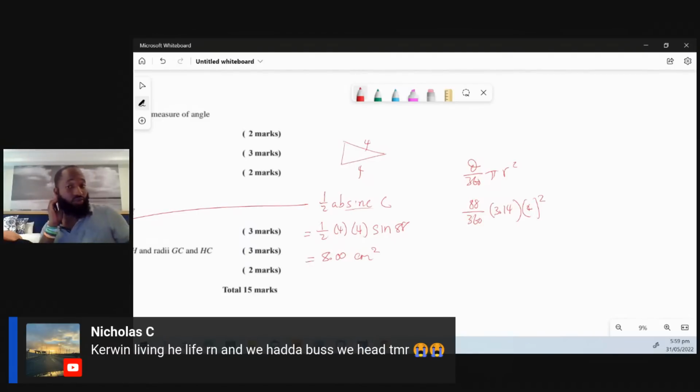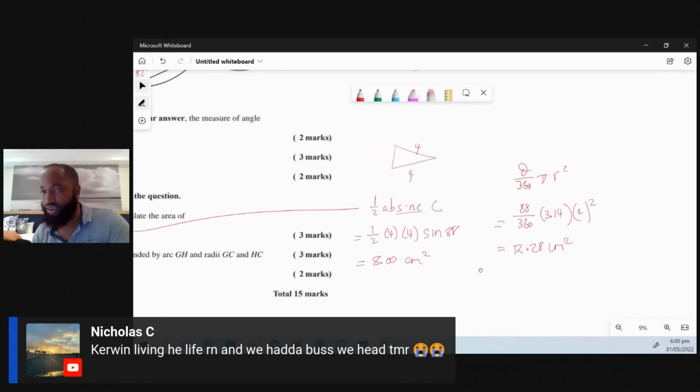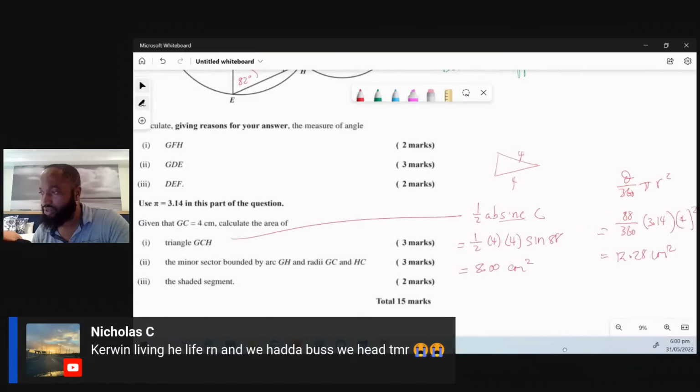So 88 over 360 multiplied by 3.14 multiplied by 4 squared, which is 16. So you get 12.28. Am I making sense? That equals 12.28 cm squared.